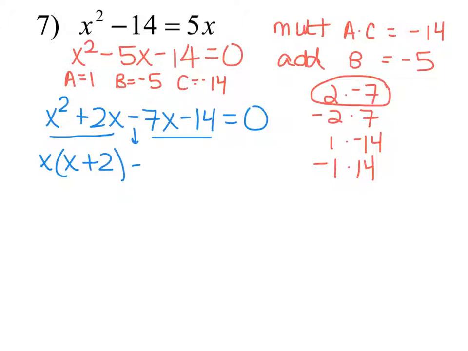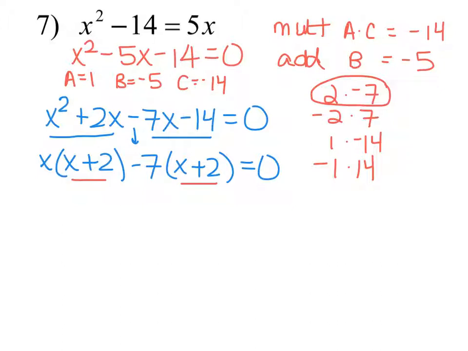In the last two terms we can factor out a negative 7. And then if we do that, just be careful of your signs here. Factoring out a negative 7 is going to leave x plus 2 in the parentheses. You'll notice how what remains in parentheses should be the same in both.